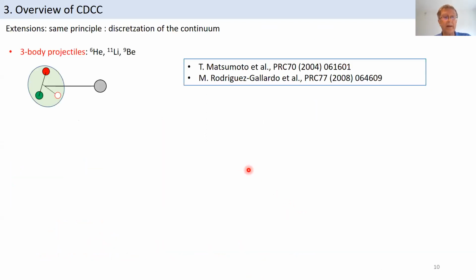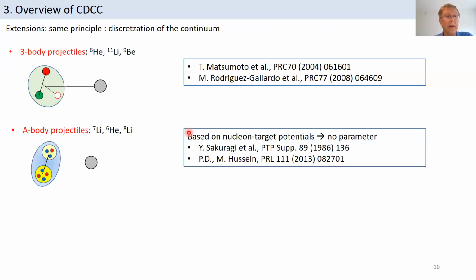Over the years, there were different extensions of this CDCC method. One extension is to use three-body projectiles, and you have here two of the first references on this extension. This is typical for helium-6, lithium-11 or beryllium-9.